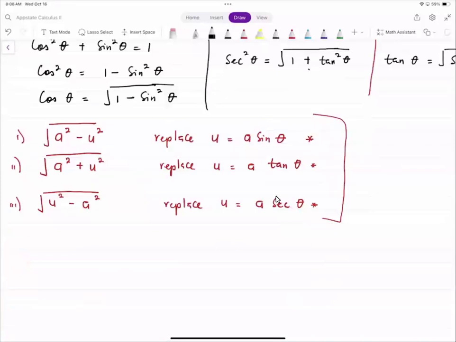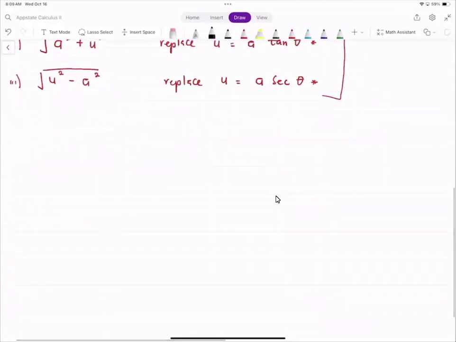Before I start with an example, I want to write out some guidelines. So these are the guidelines.